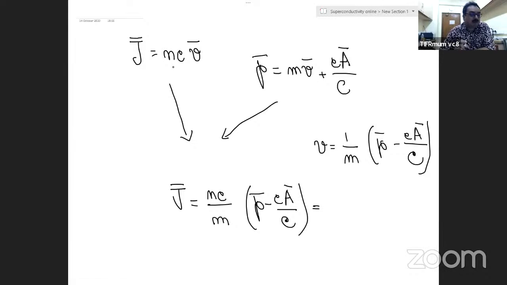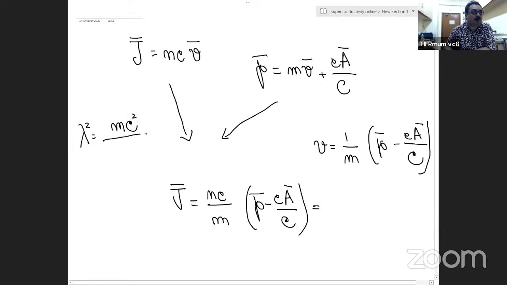But when it comes to penetration depth, it will not matter, because if you remember what is lambda square: in CGS units, lambda square is mc square by 4 pi ns e square.